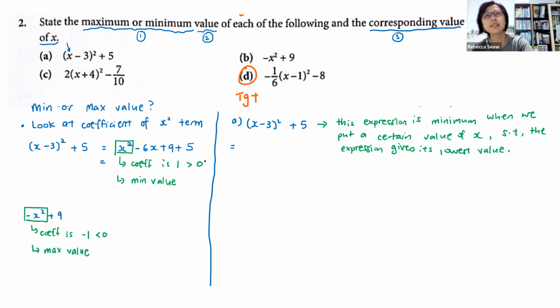Okay, now let's see. When would this be its lowest value? How can we make this value as low as we want to?